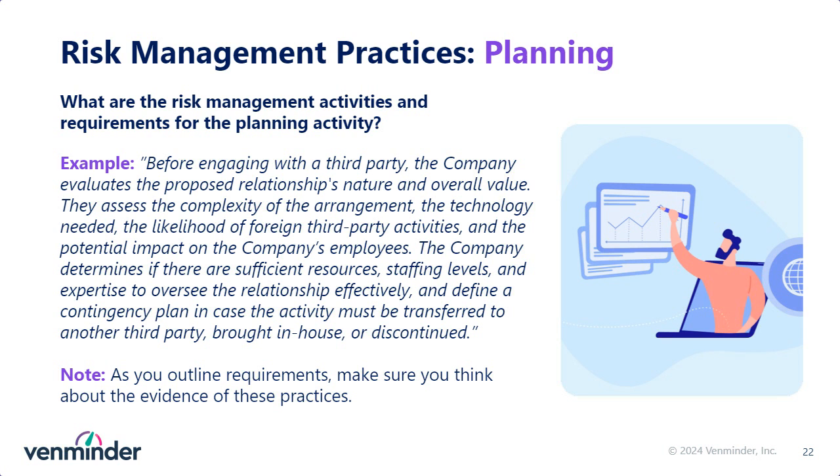We've thought about whether or not it's going to involve foreign third-party activities, if it's going to impact our employees, and if we have sufficient resources and staffing levels to oversee the relationship. Now, whatever you do for your organization is fine. You don't have to be overly detailed. You can give that good overview, but again, make sure that for every requirement, there is a reasonable expectation that you can provide evidence that that activity did occur.